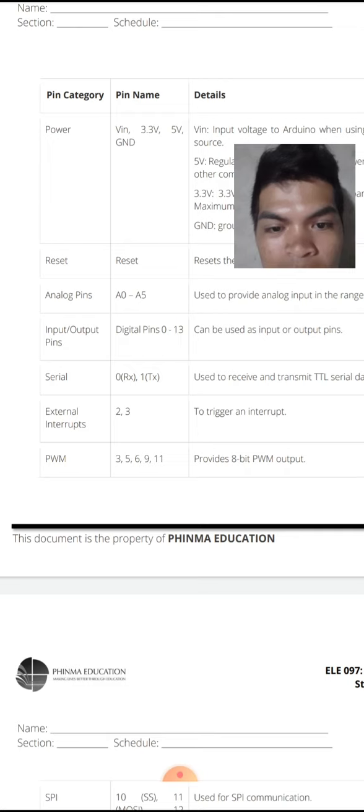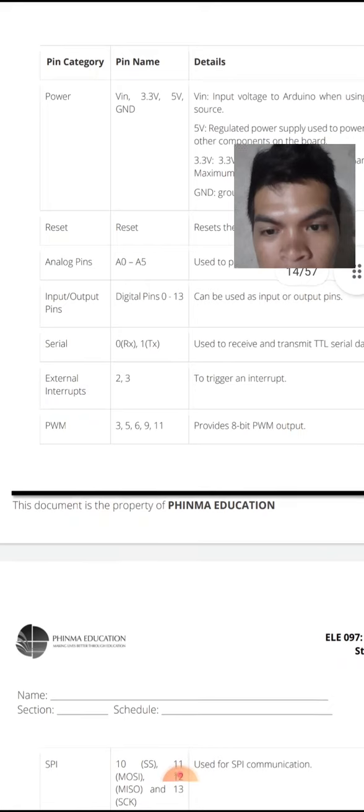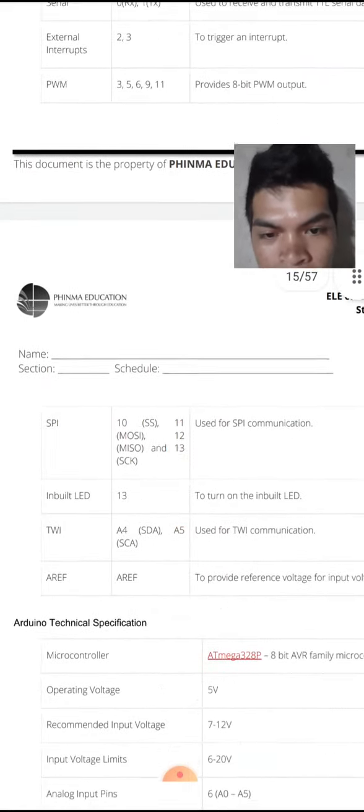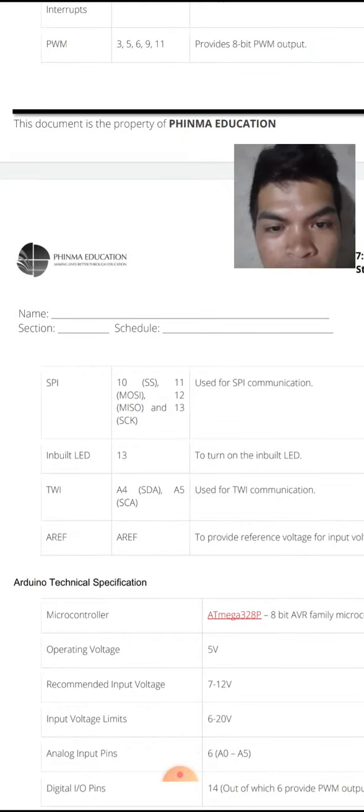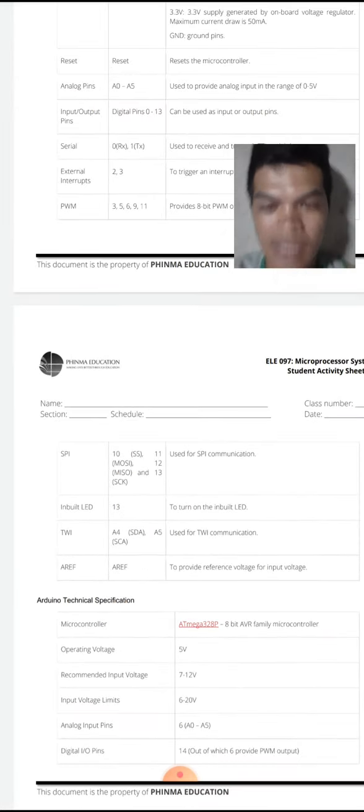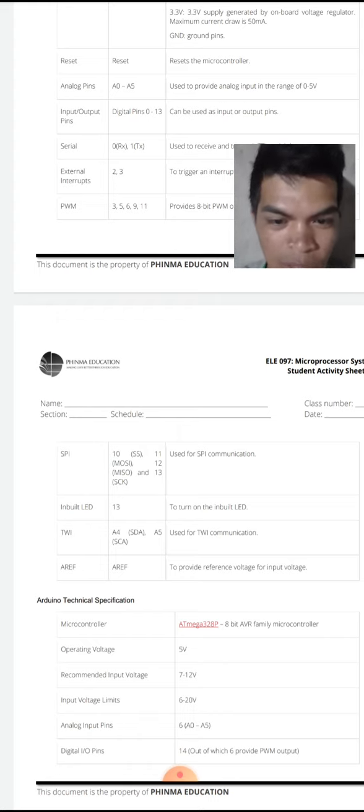External interrupts are used to trigger an interrupt. PWM provides 8-bit PWM output. SPI is used for SPI communication. Inbuilt LED is to turn on the inbuilt LED. TWI is used for TWI communication. AREF is to provide reference voltage for input voltage.